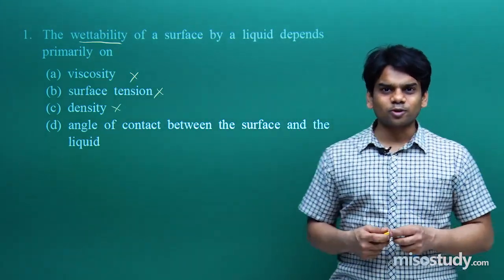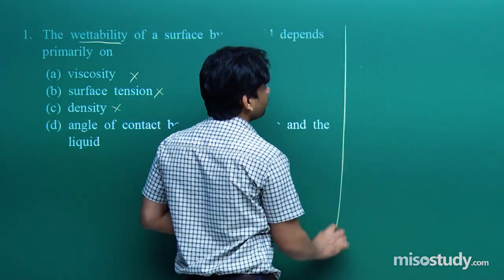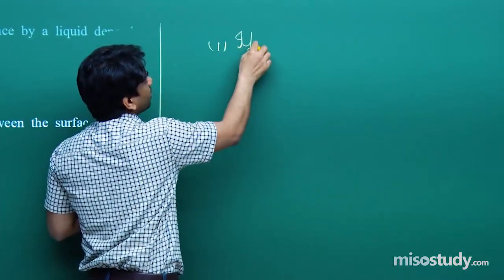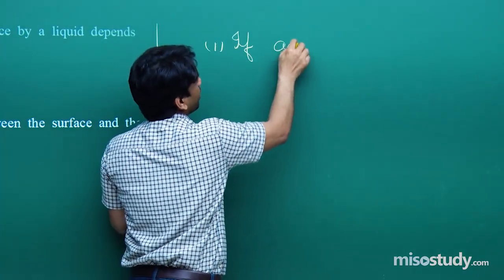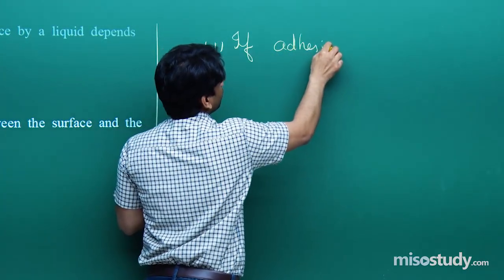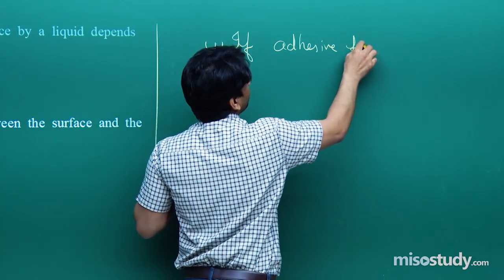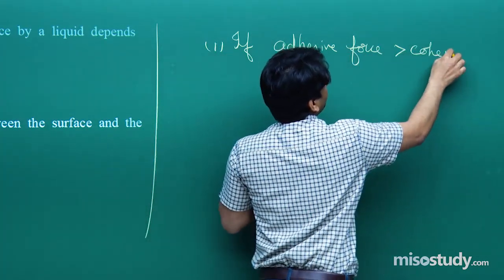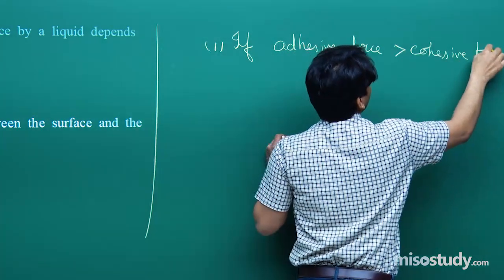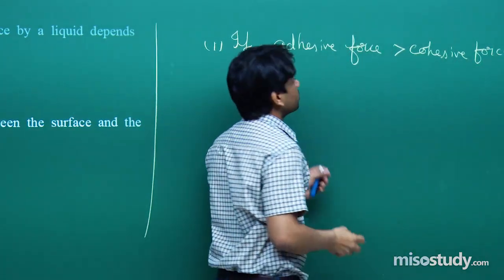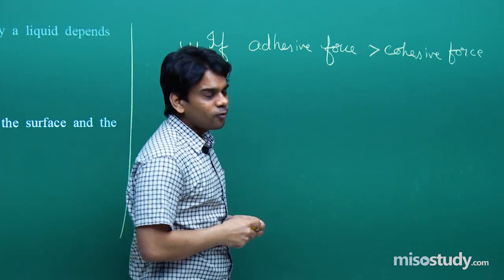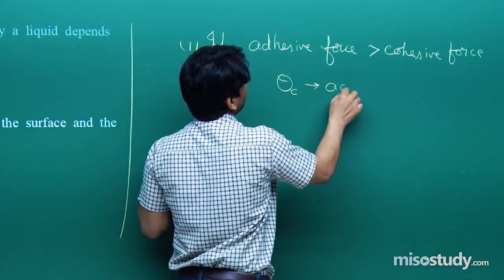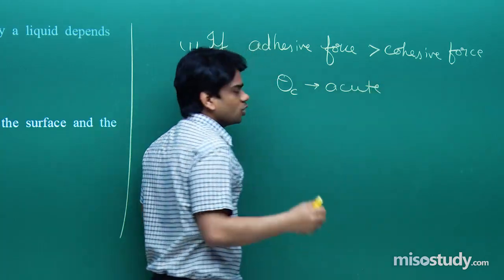So let me write down those 2 points about adhesive force and cohesive force. First, if adhesive force is greater than cohesive force, the angle of contact will be acute, so theta of contact will be between 0 to 90 degrees.